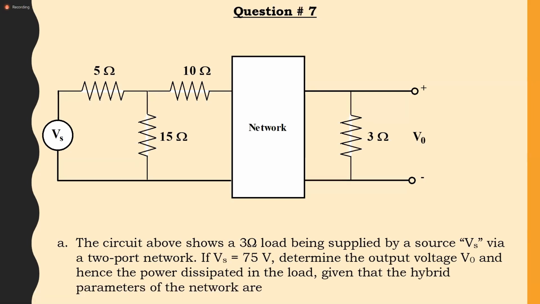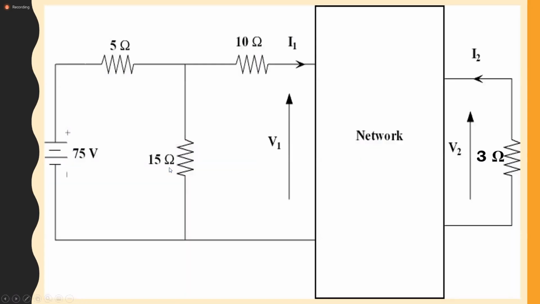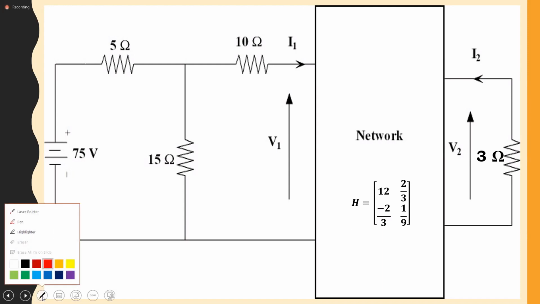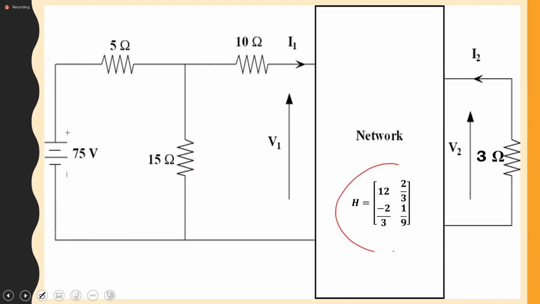Now, we have here the network, we have the hybrid parameters. So these are the hybrid parameters. All right?